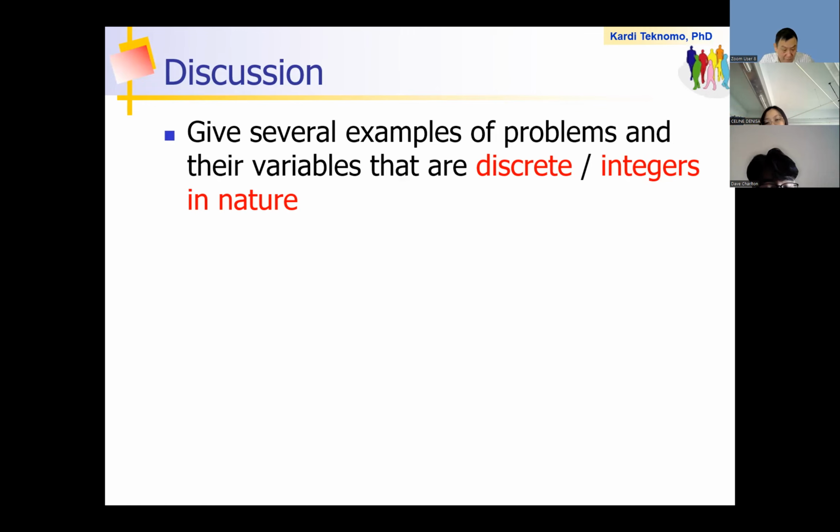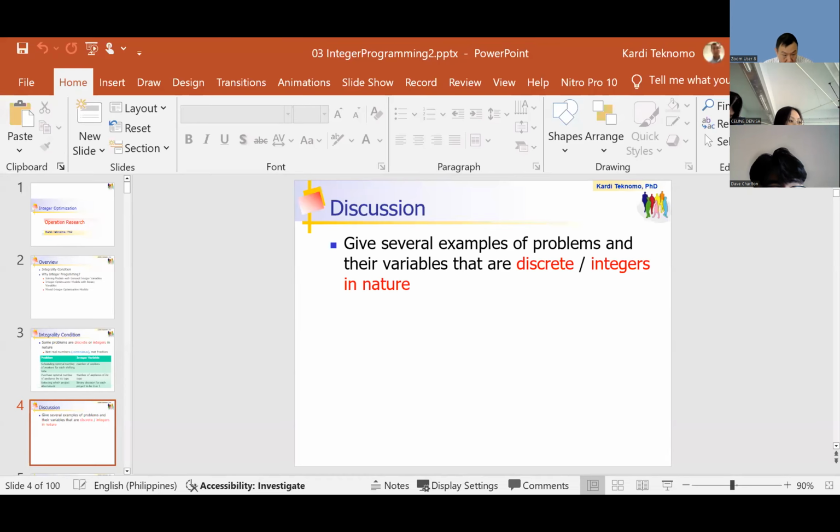Really? You still have difficulty with this? Okay, how about Celine, Tiara, Kalista? Give me an example of problems where the variables are discrete. Anyone?